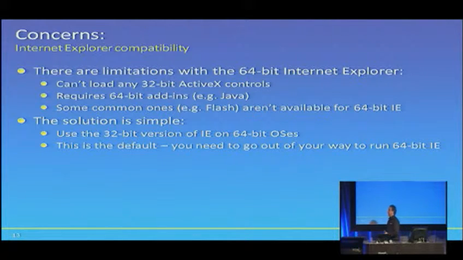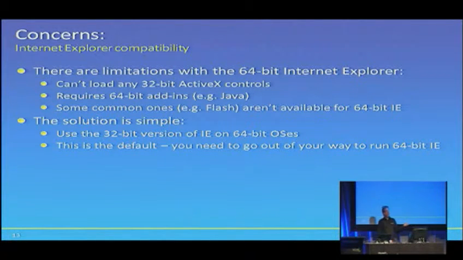Next item on the list, Internet Explorer. Guess what? On a 64-bit OS, there are 2 versions of Internet Explorer, a 64-bit version and a 32-bit version. 64-bit's always better, right? So always run the 64-bit version. Now we just went through that with Office. Run the 32-bit version of Office. Same recommendation here. Run the 32-bit version of IE.